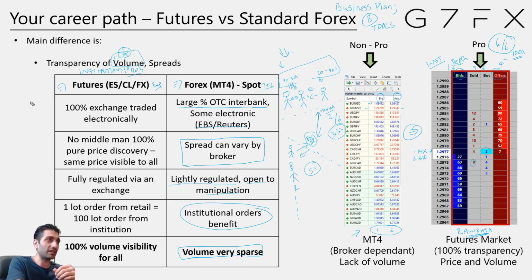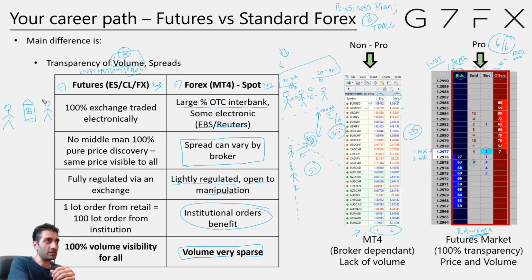So what happens is, anyway, in the futures market, the way it's different to the spot market is you've essentially got an exchange in between. So here I'm going to draw it. Think of it almost like a firm in between.